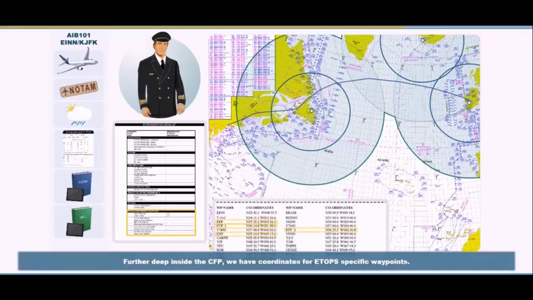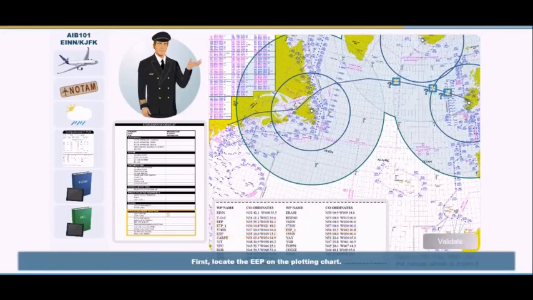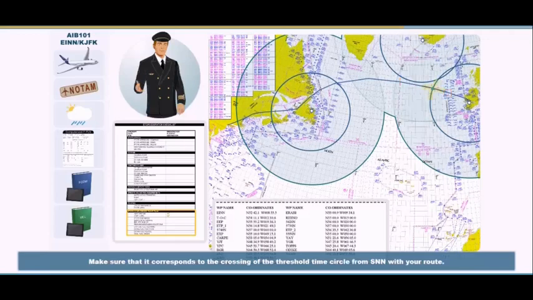Further deep inside the CFP, we have coordinates for ETOPS specific waypoints. First, locate the EEP on the plotting chart. Make sure that it corresponds to the crossing of the threshold time circle from Shannon with your route.